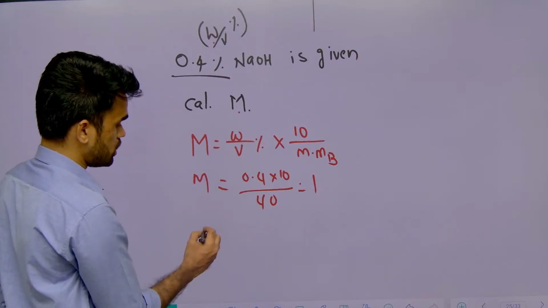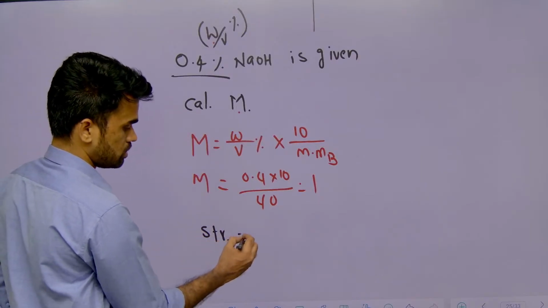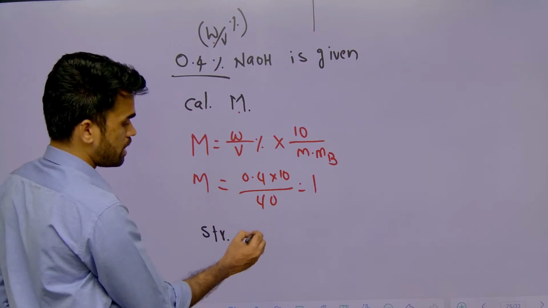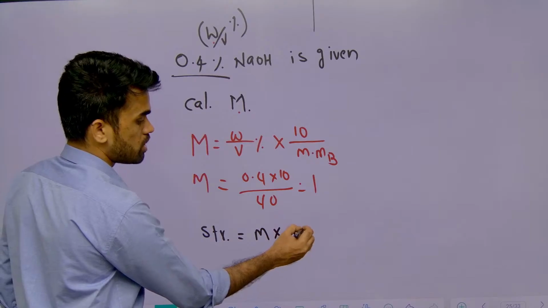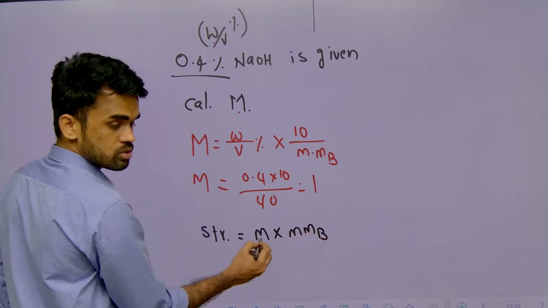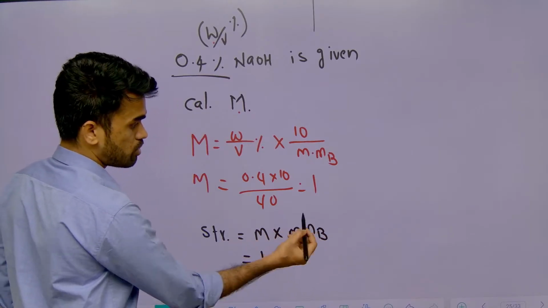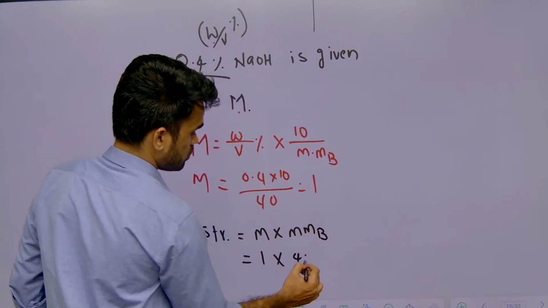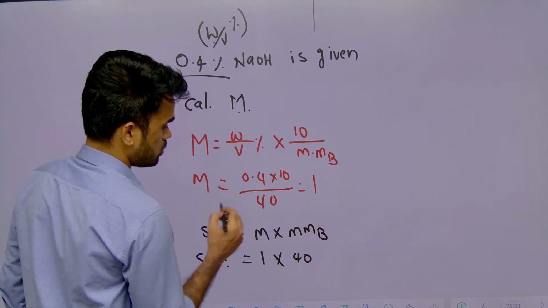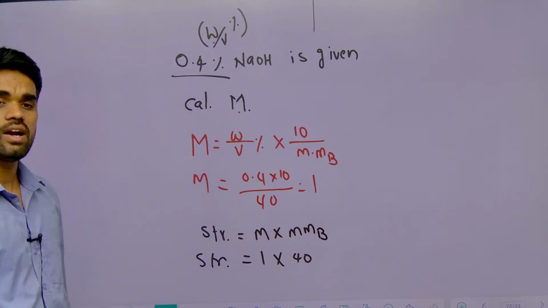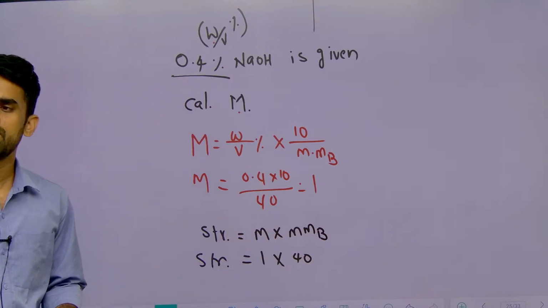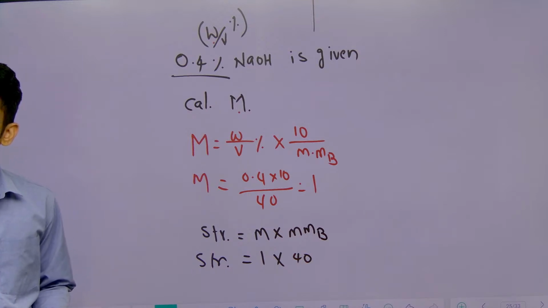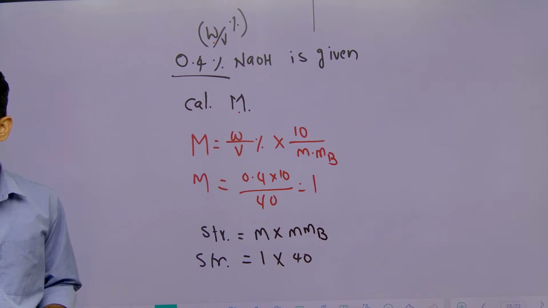Next, how to find strength of solution? Strength of solution equals molarity into molar mass of solute. So molarity is 1, molar mass of NaOH is 40. So strength of solution is 40. What does strength of solution 40 mean? It means 40 grams in 1000 ml, or 1 liter, of solution.